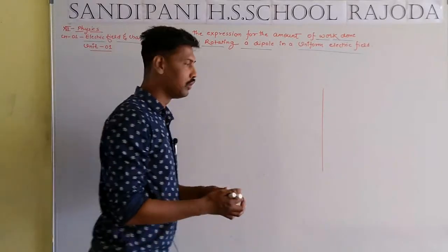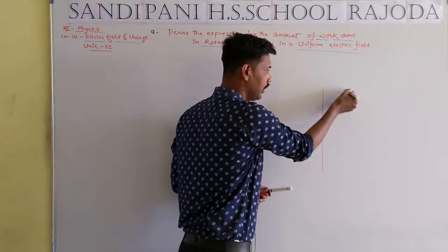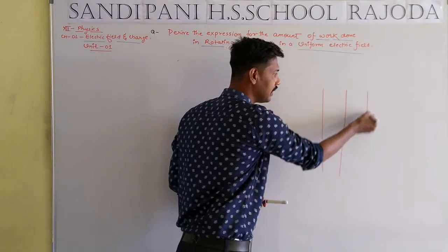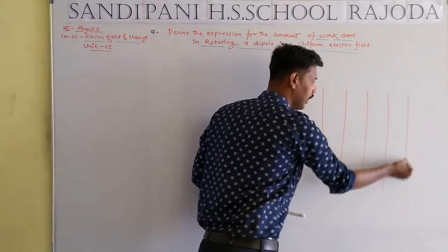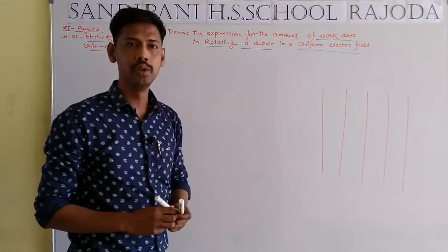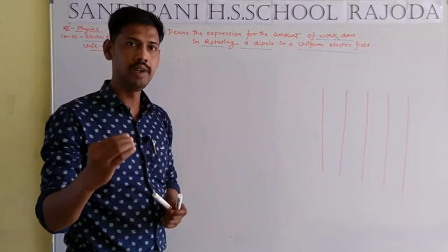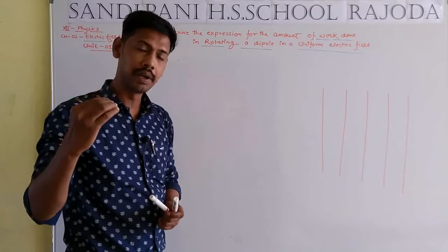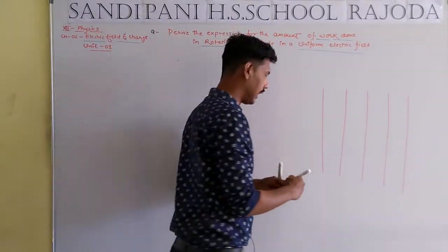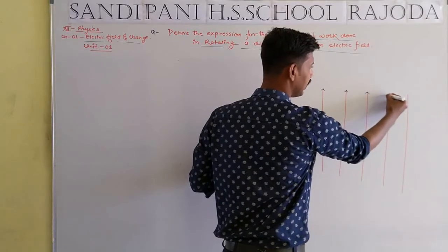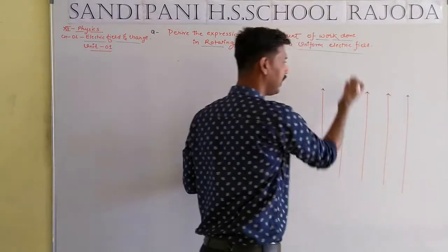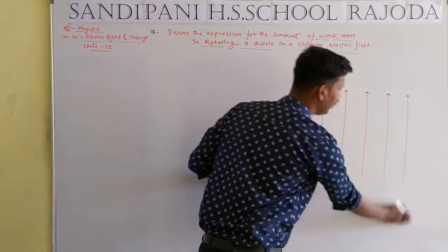In the case of the uniform electric field, it is represented by parallel lines. The direction of the uniform electric field is represented by an arrow, maybe upward direction, maybe downward direction.